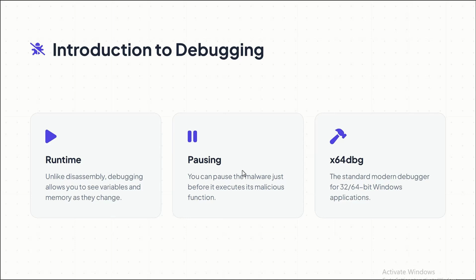Well, debuggers are divided into many parts actually, like runtime, unlike disassembly. Debugging allows you to see variables and memory as they change, and you can pause the malware just before it executes its malicious function.